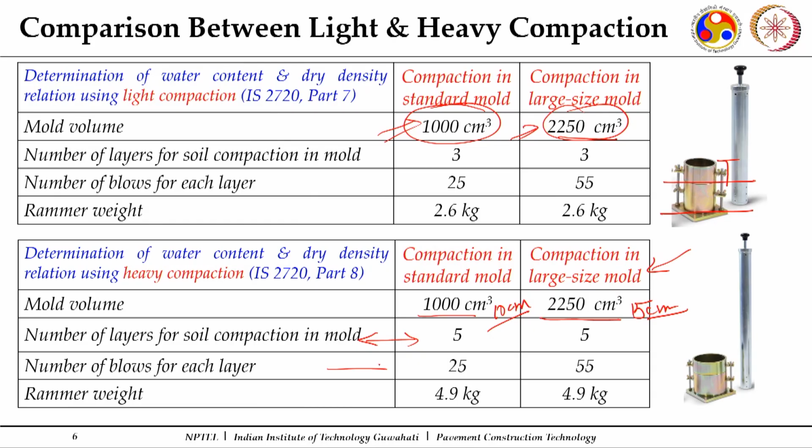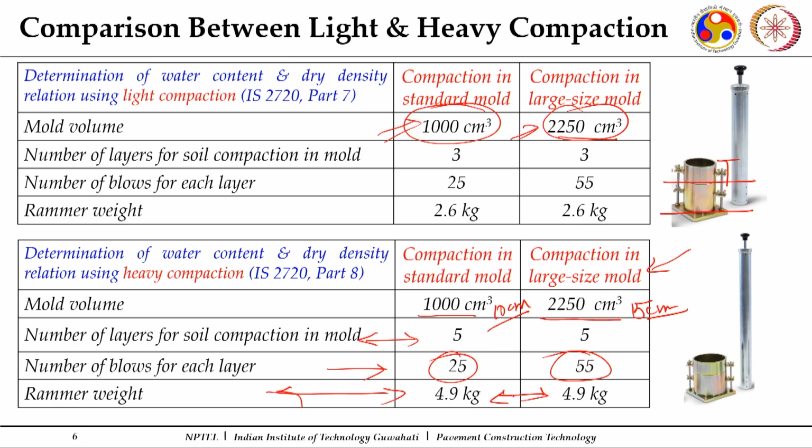You will compact it in 5 layers. Each layer you will give 25 blows when it is the smaller dia mold. When it is the bigger mold, you will give 55 blows, so that your compactive effort remains the same, and the rammer weight is also the same in both the cases.